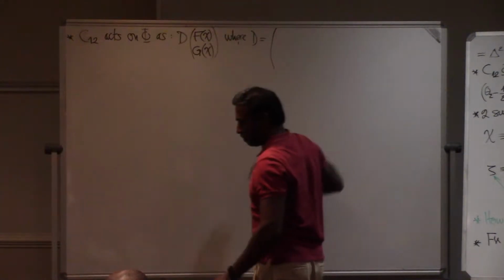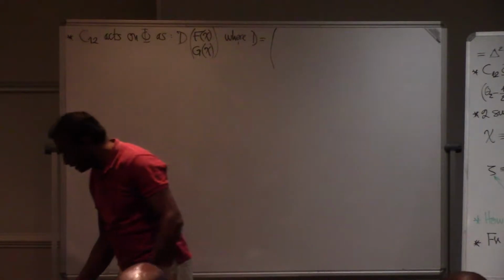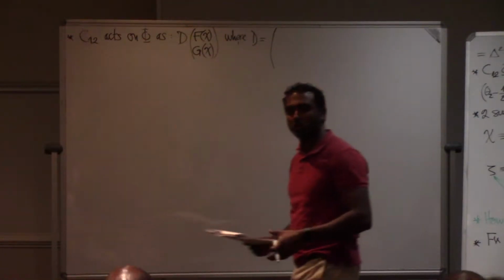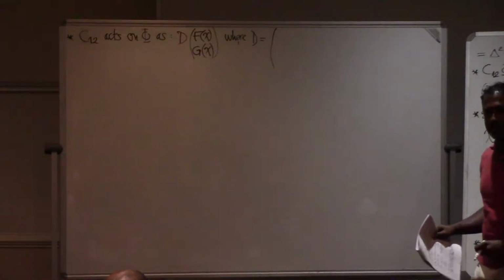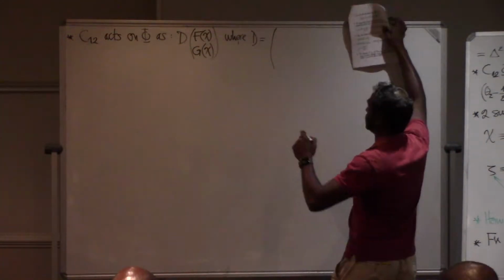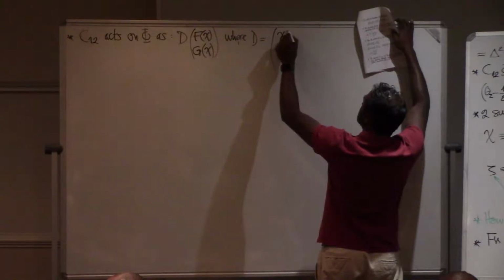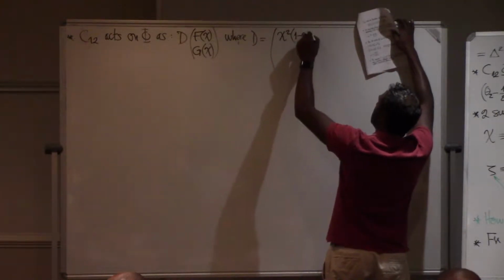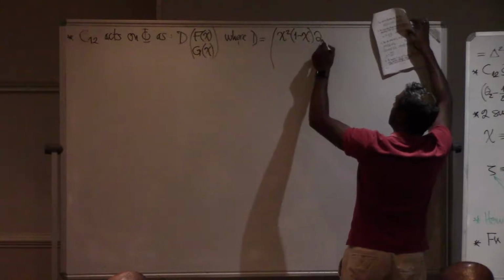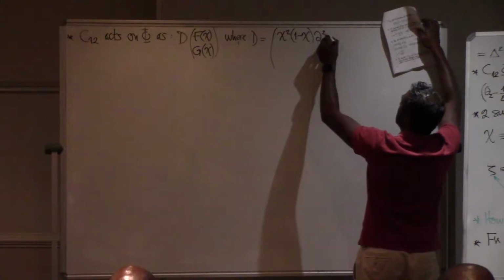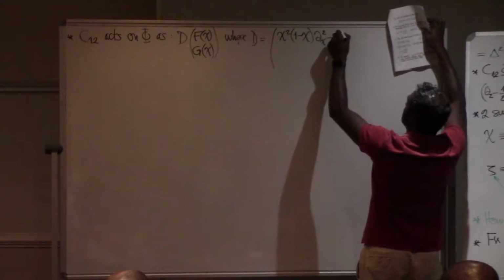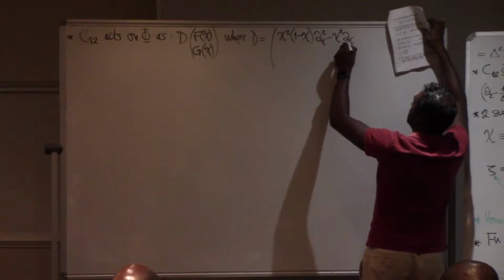D has the following form. When I write this down, you'll recognize some of the components, and you'll see how this pieces together with the usual way of thinking about the bosonic case. So the 1,1 component is chi squared times (1 minus chi) d chi squared minus chi squared d chi.